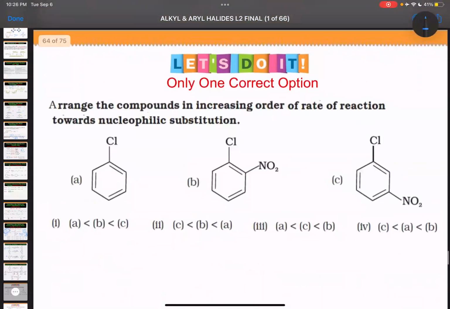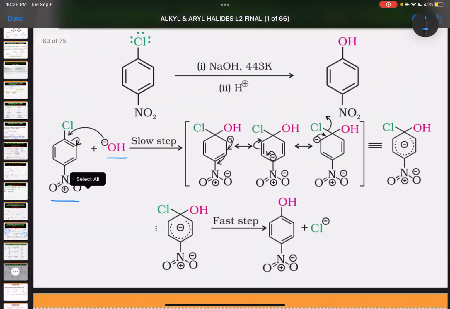Sir, you have to always show the resonance. Yeah, resonance actually will not be asked, but you need to keep it in mind because this only will tell you why the NO2 group present at the para position will make the reaction easier. But how can you say that it is easier, sir?